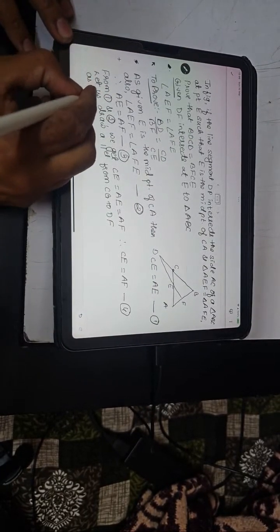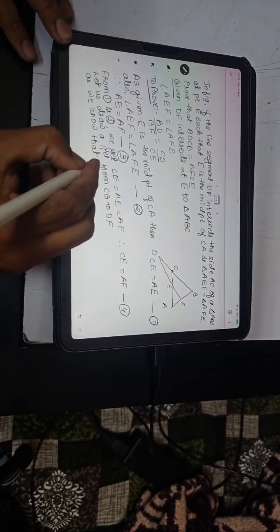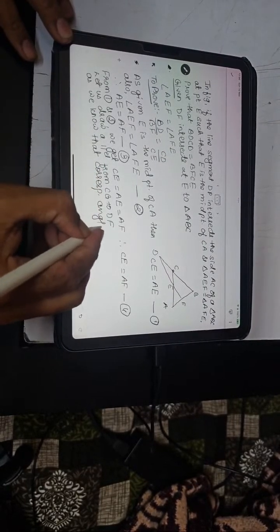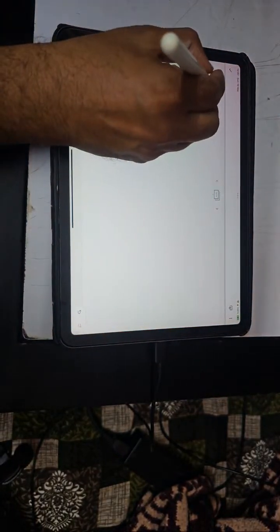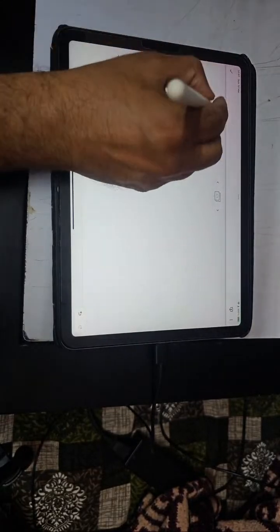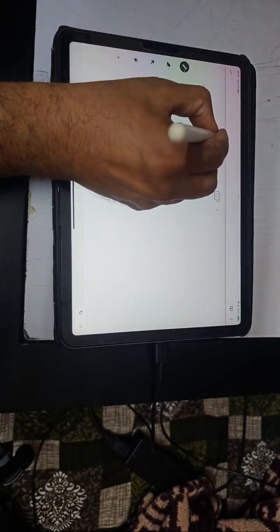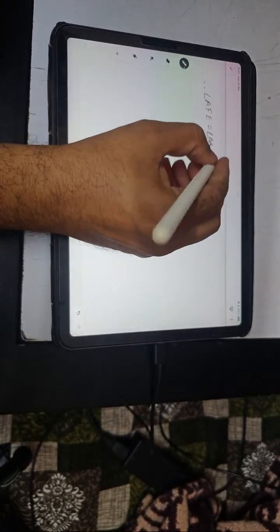So as we know that corresponding angles are equal, so therefore angle AFE equals angle AGC, this is fifth equation.